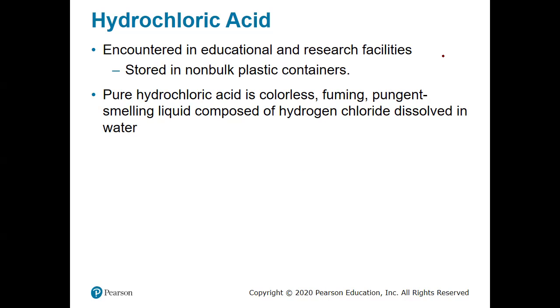Primarily, we see it in educational facilities and research facilities such as this one. Usually we store it in plastic containers. Those plastic containers are corrosion resistant and last a long time. They're made out of the same kind of material that permanent water bottles are made out of, Nalgene.